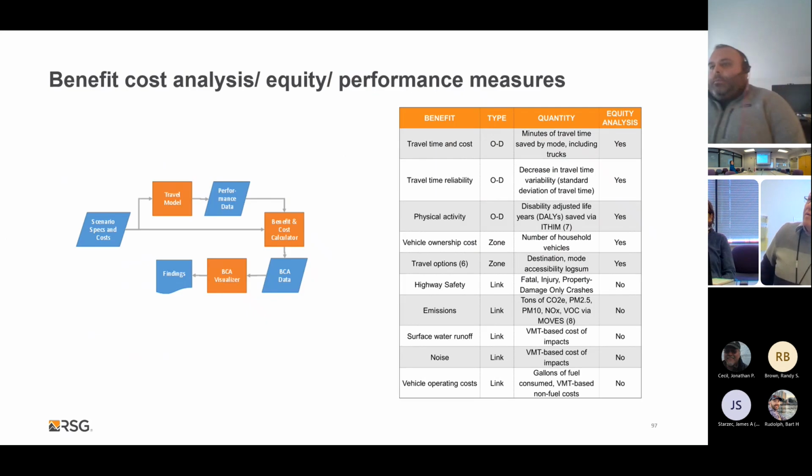Because we can't do that currently, but we're taking a look at how we might be able to capture that information, that data, and then apply it to projects. That's correct. Yep. So we're looking at how that can happen, and this produces a more robust set of different measures. And it's not just the travel demand model. We're bringing in multiple different analytics and using outputs from the travel demand model to help inform those.